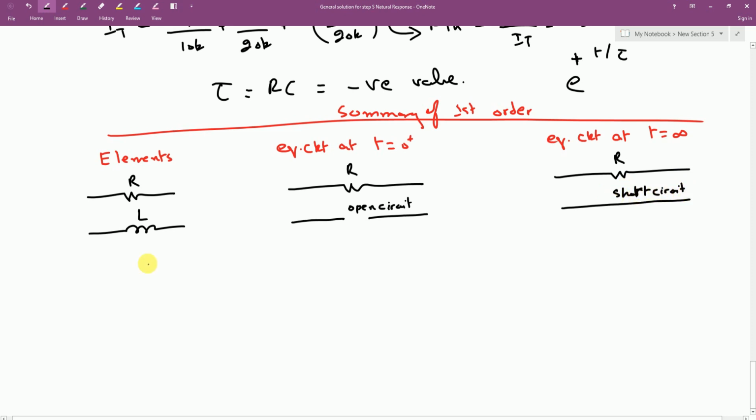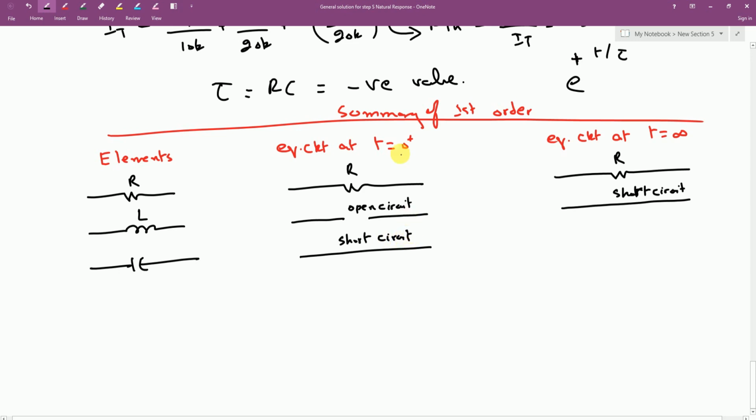For the capacitance, the capacitor will not allow sudden change in voltage. So this means that it will actually act as a short circuit at time t equal to 0 positive, because there is no constraint on the instantaneous change in current through a capacitor after the switching happens.